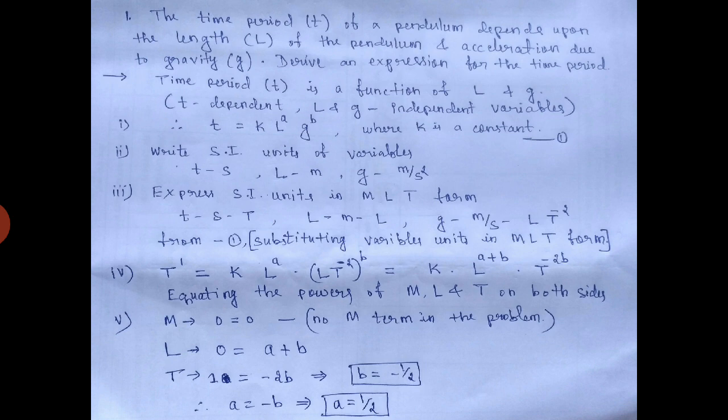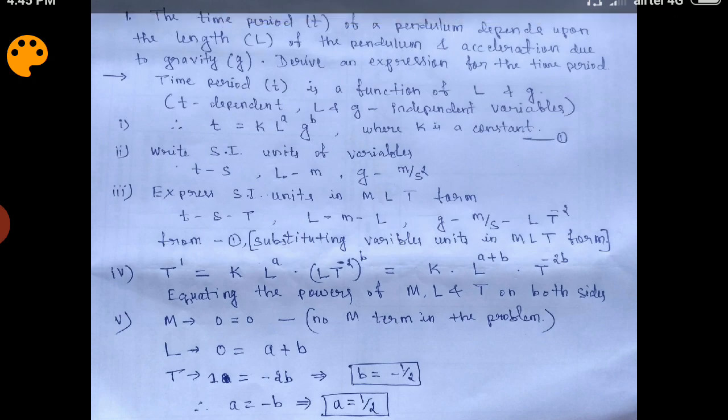Here in the problem it is given that the time period of the pendulum depends on the length of the pendulum and on g, acceleration due to gravity. So T is a dependent variable, and L and g are independent variables. If a problem is given, you need to first identify the dependent and independent variables, then we can write down the equation.